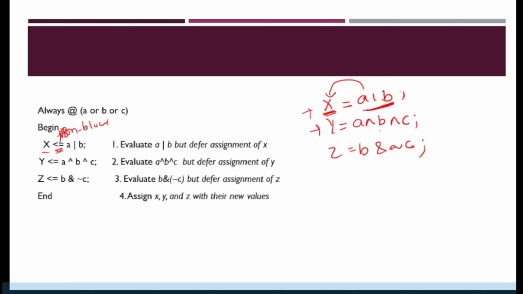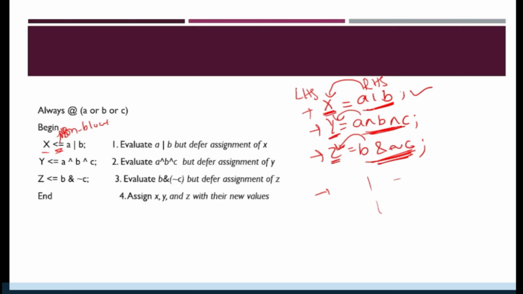Here, this is the LHS and this is the RHS. After the RHS evaluation is done, it is assigned to the LHS and then goes to the next statement. So in this way, the execution is done in case of blocking statements.